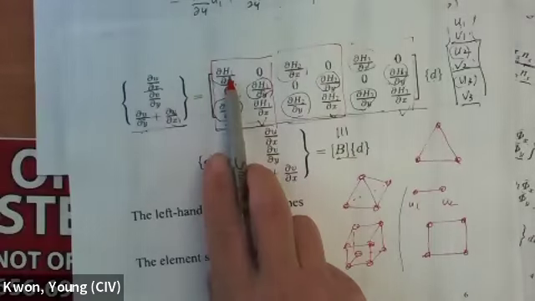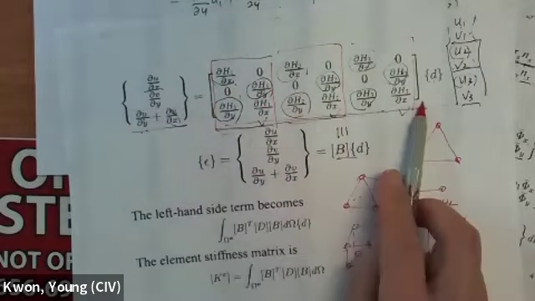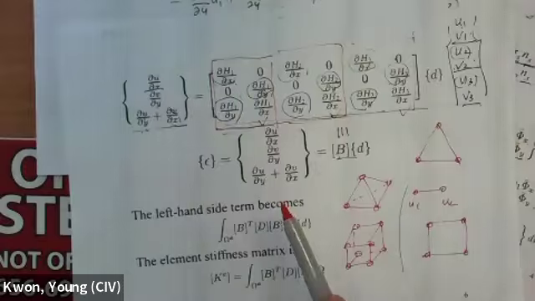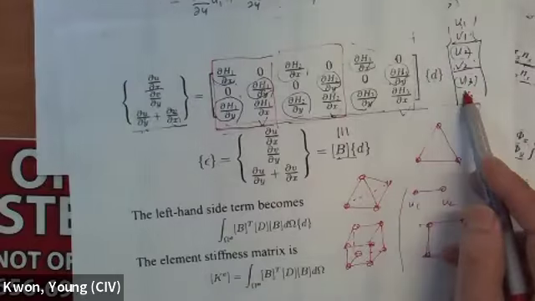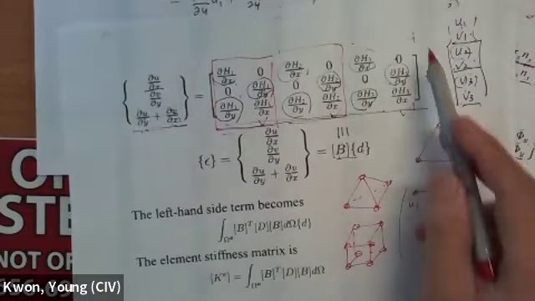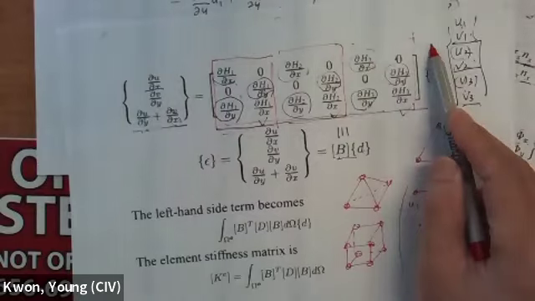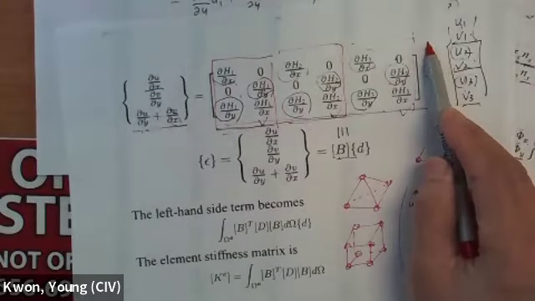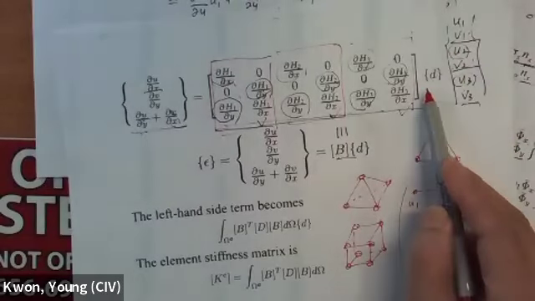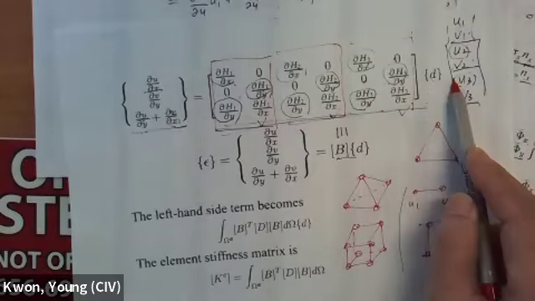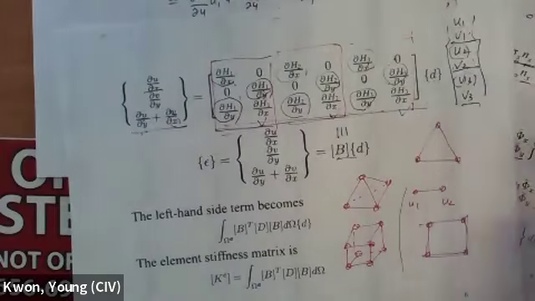Exactly the same format. 1, 2, 3 is different, but X, X, X, Y, Y, Y, Y, X, Y, X, Y, X, exactly the same, right? So if I have to do it for that one, it's going to be the same 2 columns repeated here, but this subscript is going to be replaced by H sub 4. So partial H4 over partial X, 0, 0, partial H4 over partial Y, and partial H4 over partial Y, and partial H4 over partial X. So exactly the same expression is going to repeat over and over.